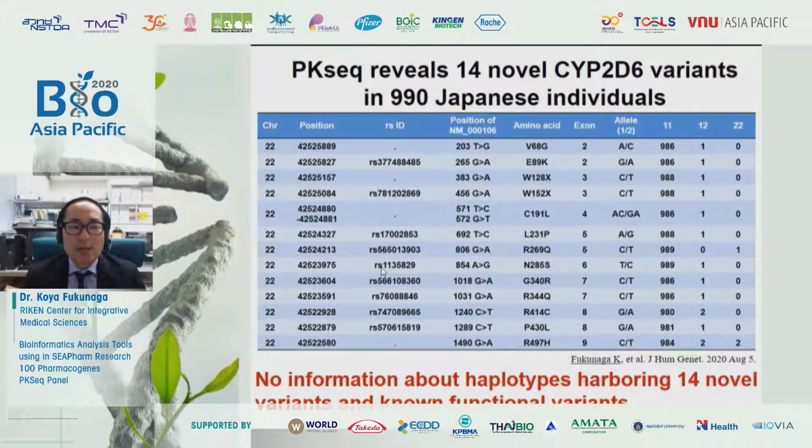Nevertheless, we found 14 novel variations in 990 individuals. This is very amazing. For clinical implementation of these variations, we must determine the haplotype between these novel variations and the non-functional variations as the next step.